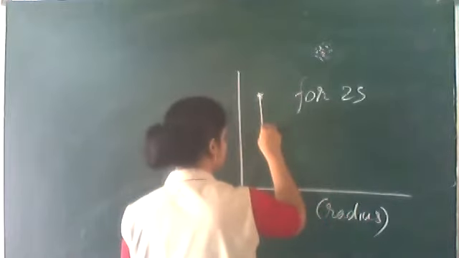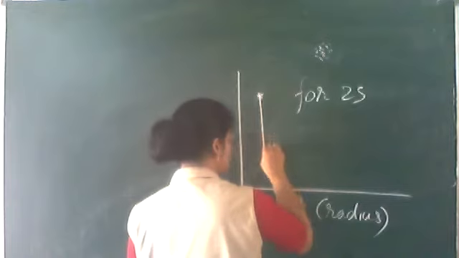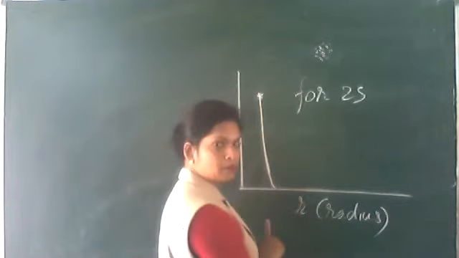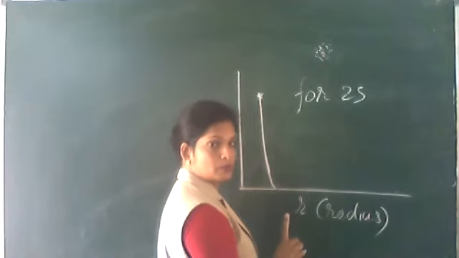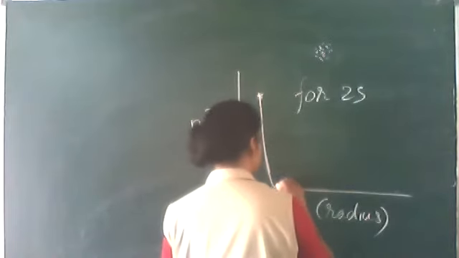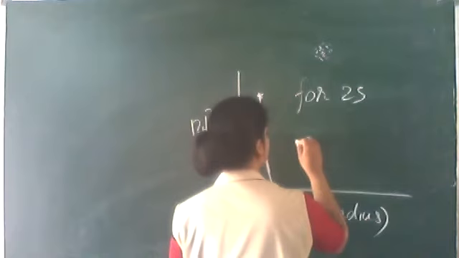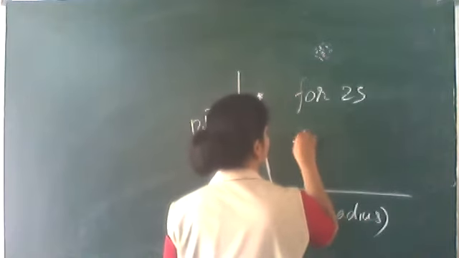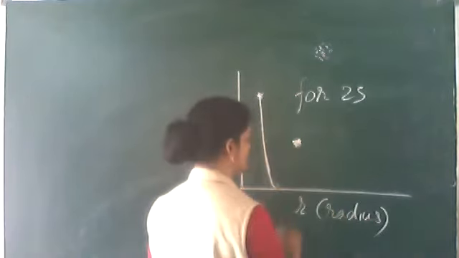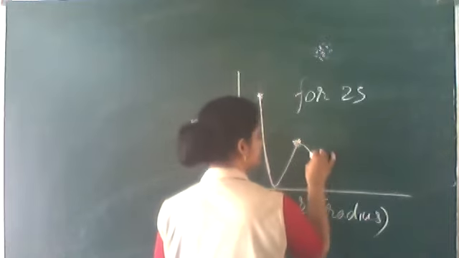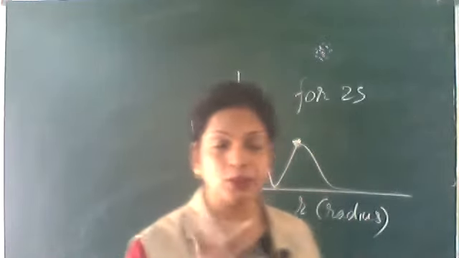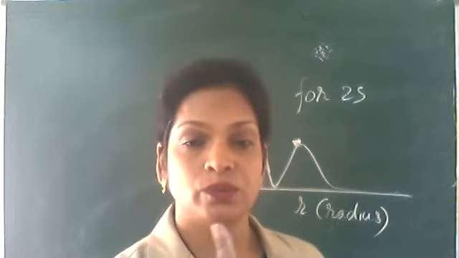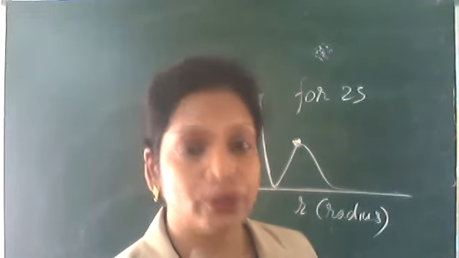Here it comes to zero. Zero means no probability density. Again it is rising and you get one more maxima here. So for 2s, you are getting two maxima, that is 1s and 2s.